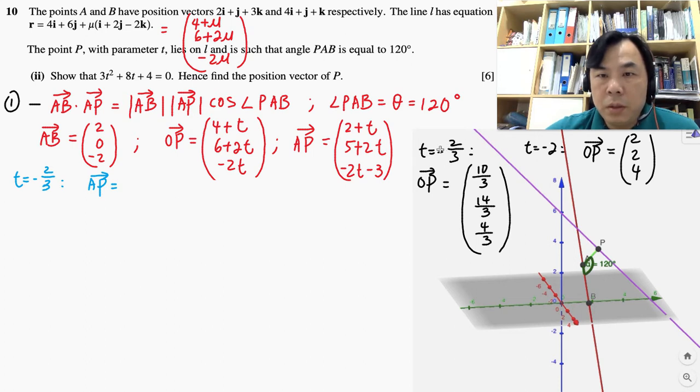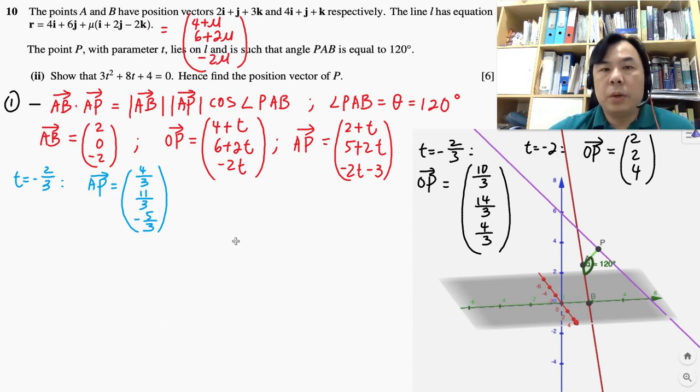By substituting this value here, we will have 4/3, and then 11/3, and then after that we will have -5/3.